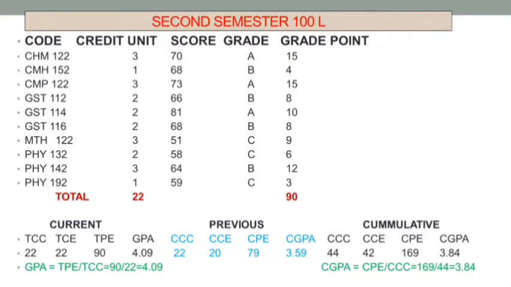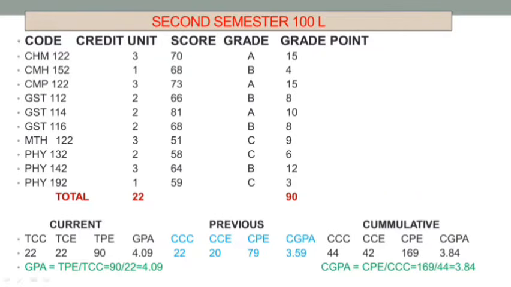So then the cumulative point earned is 169. How do we get that? You have 90 plus 79 to give you this. The cumulative is the previous plus the current. You have 44. How do we get this? It's the previous 22 plus 22. You have 42. Then I will explain this.